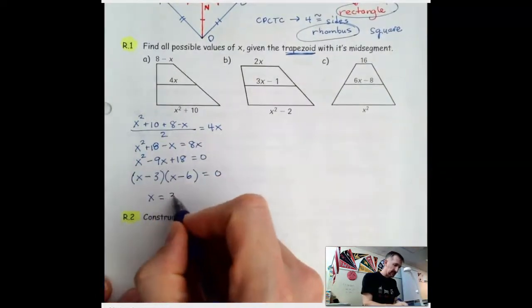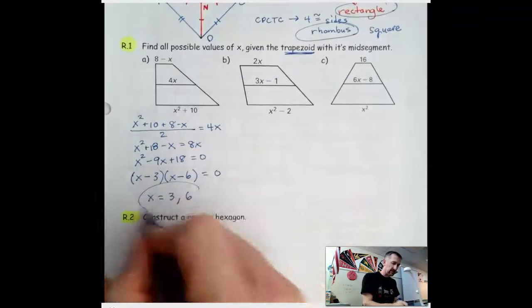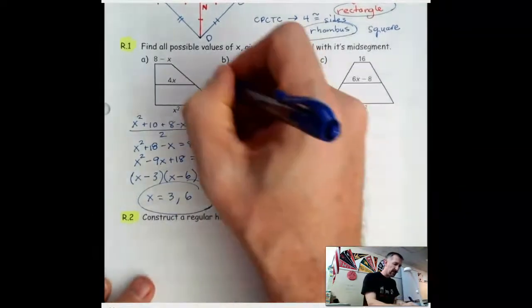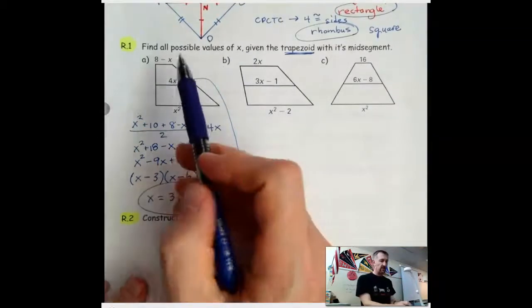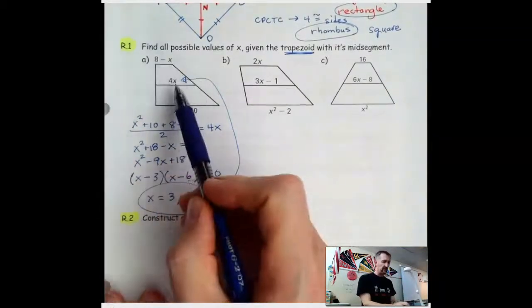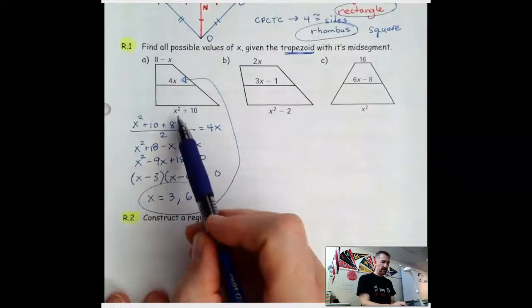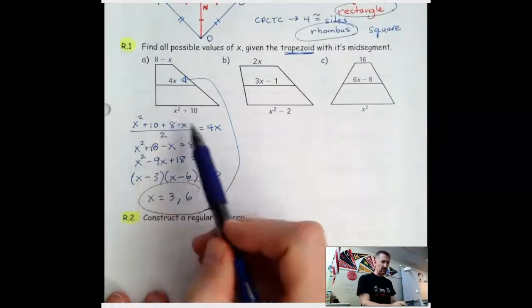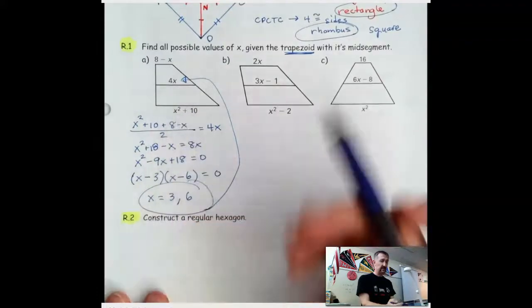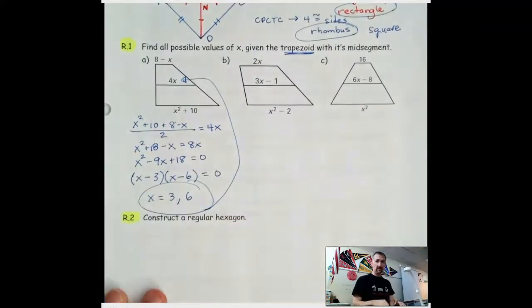So x either needs to be 3 or 6. So if you come back up here and check, does that work? 3, that would be 5, 12, and 19. That seems to be okay. 6, that would be 2, 24, and 46. That seems to be okay.